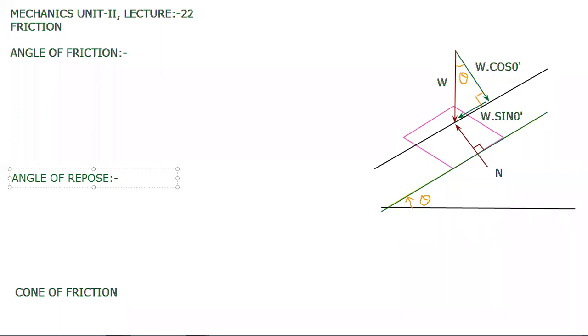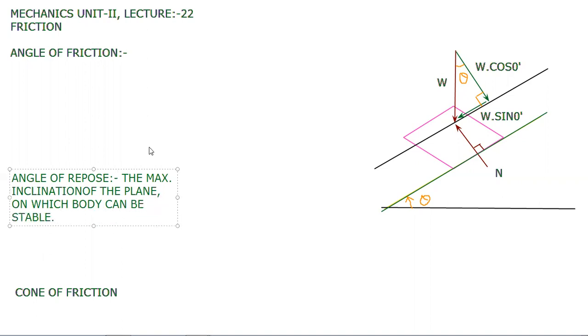Angle of repose means the maximum inclination of the plane surface on which the body can be subjected without sliding, on which the body can be stable. So this is the definition of your angle of repose.